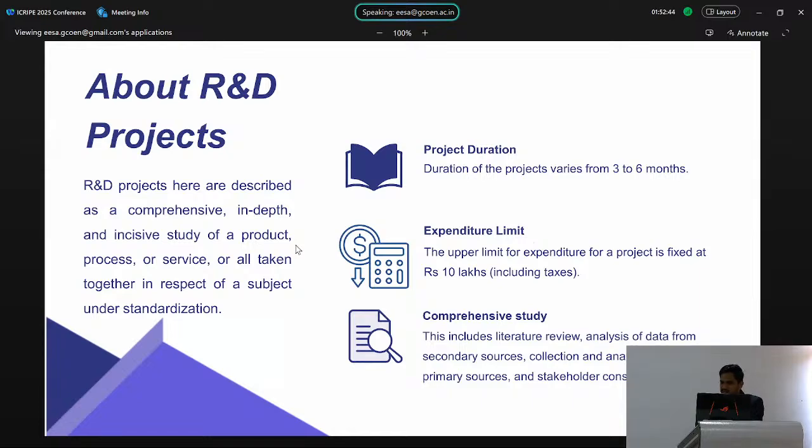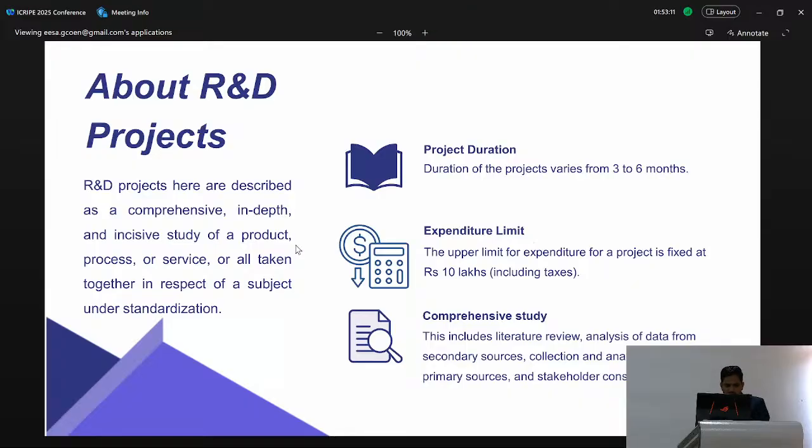For example, the expenditure limit for a project is fixed at rupees 10 lakh upper limit, including taxes. That is more than enough for any final year engineering student, MTech student or PhD student to carry out a research project.